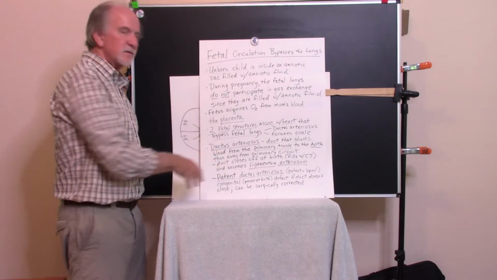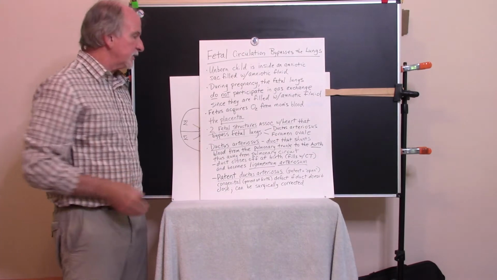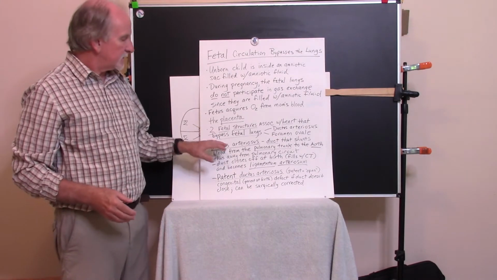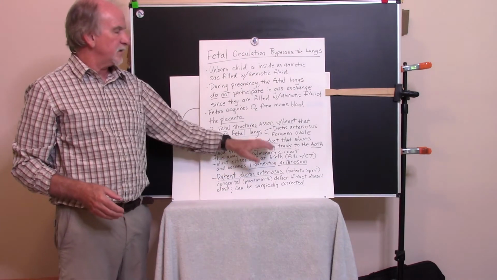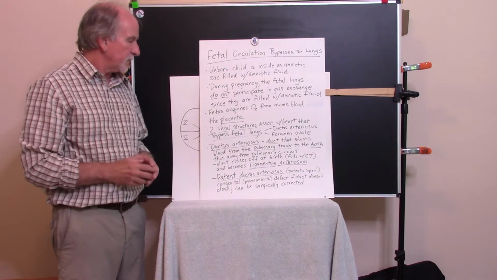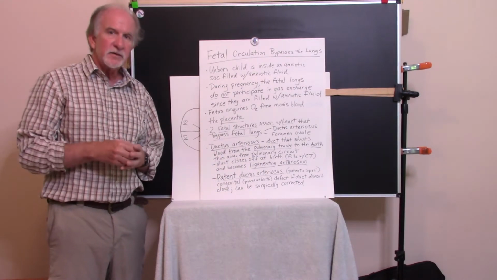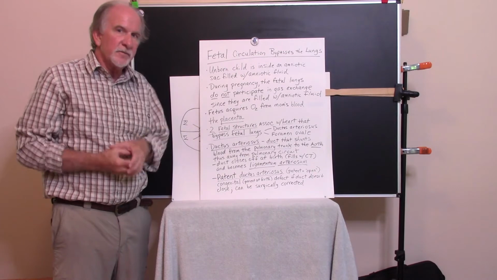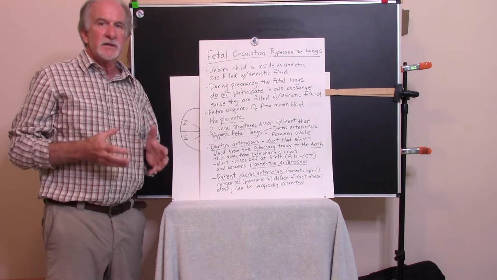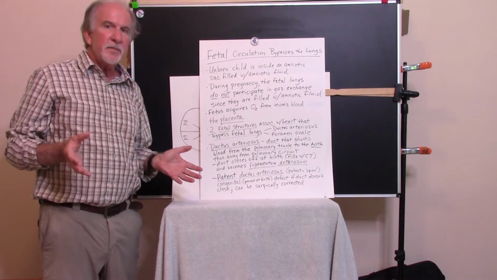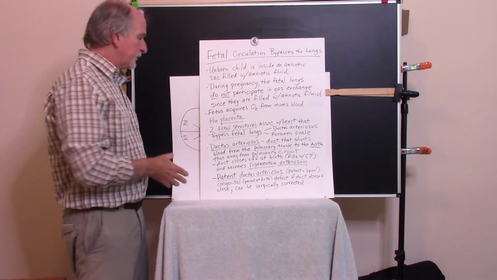And the first of these two structures is the ductus arteriosus. The ductus arteriosus is a duct that shunts blood from the pulmonary trunk directly into the aorta, and that allows the blood to bypass the pulmonary circuit.